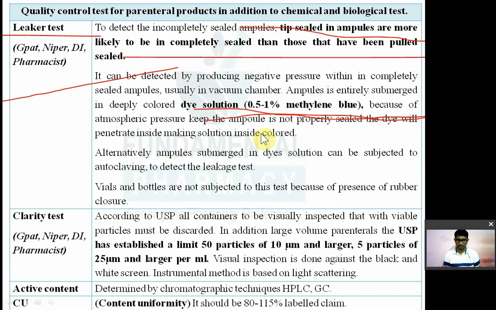Alternatively, if you don't want to do this, put the ampoules in the dye solution and then in an autoclave. Alternatively, ampoules submerged in a dye solution can be subjected to autoclaving to detect leakage. Now vials and bottles are not subjected to this test because they have a rubber closure.